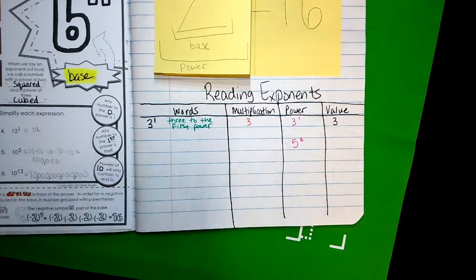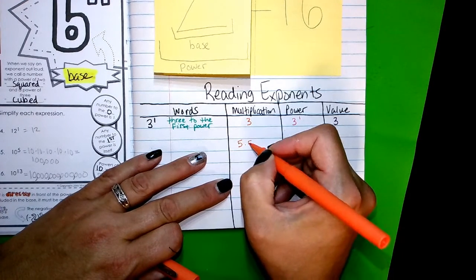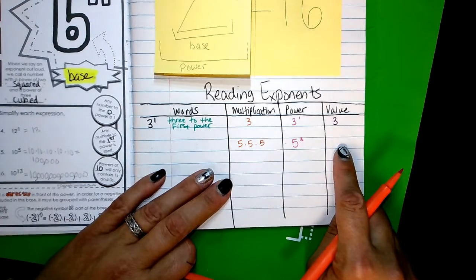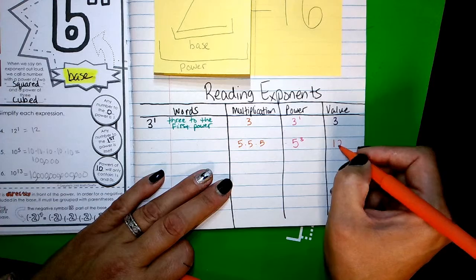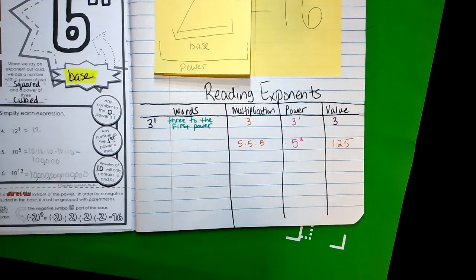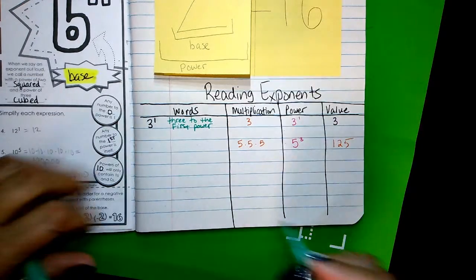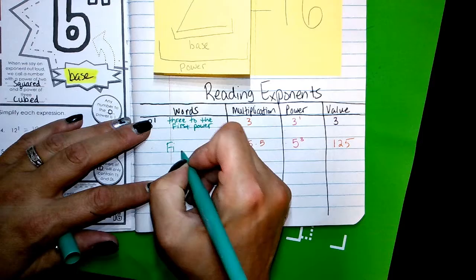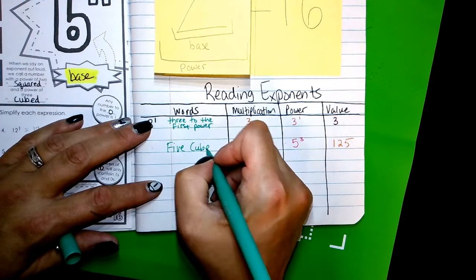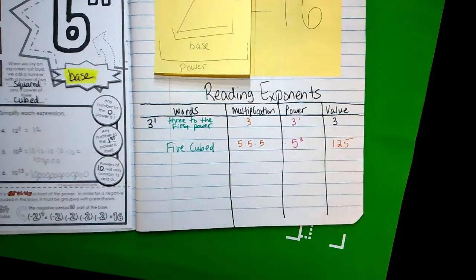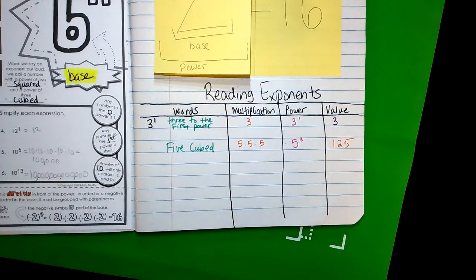We've got 5 times 5 times 5, and we know from over on page 9 that that is valued at 125. And what I'm going to say in words here is 5 cubed. So I'm going to give you a couple more examples that you will be able to add on to here, and you should pause the video and add them to your own.